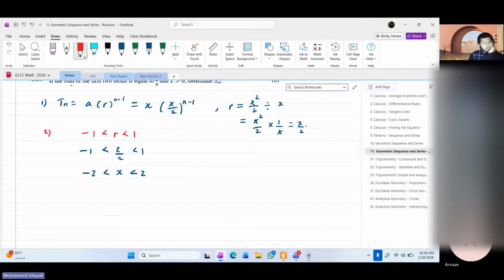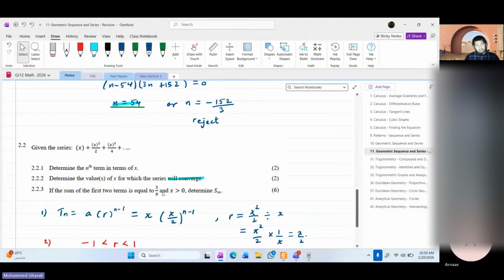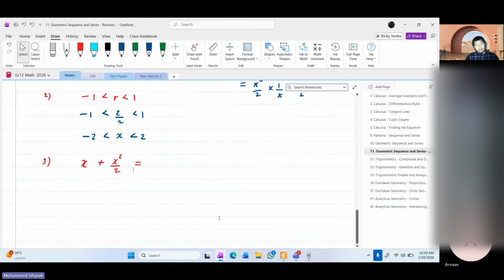That's the first thing you must do. The sum of the first two terms, right? Term 1 plus term 2. So x plus x squared over 2 must be equal to 5 over 8. So solve for x.